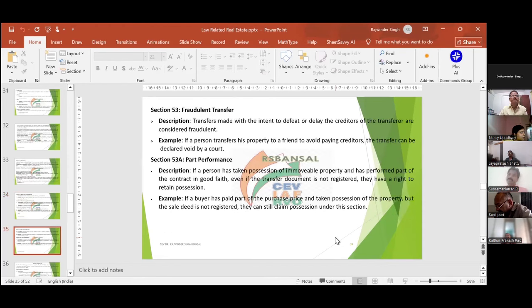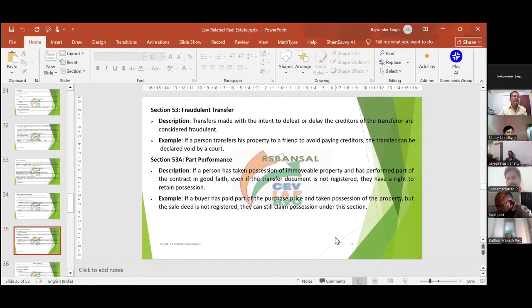Then Section 53 defines fraudulent transfer. Transfers made with the intent to defeat or delay the creditors of the transferor are considered fraudulent. For example, a person transfers his property to a friend to avoid paying creditors. The transfer can be declared void by the court.